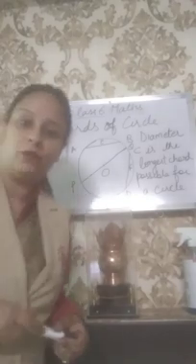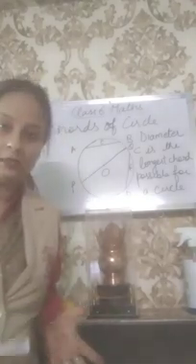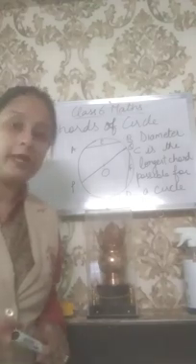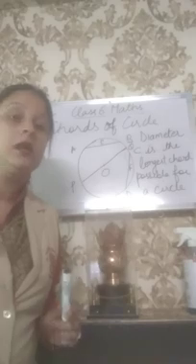So, if I have a circle and I want to find out which is the longest chord of that circle, that will be the diameter. Understand? So, diameter is the longest chord possible for a circle. Understand?